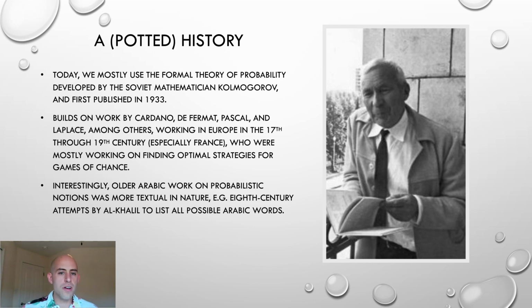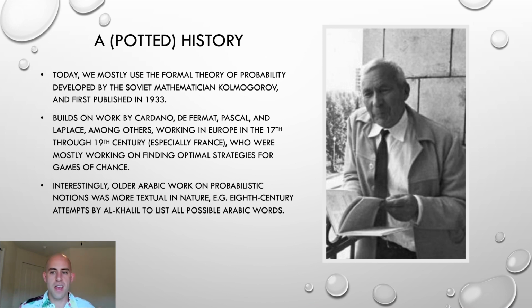But it's worth noting, and very interestingly, that older work on probabilistic notions, in particular the kinds of work on finding all the different combinations of possibilities in some system, which is very central to probability theory, goes back much earlier than what we think of as the foundational work on probability theory done by these mostly French, Italian and German thinkers. And in fact, it's being done in a different place.